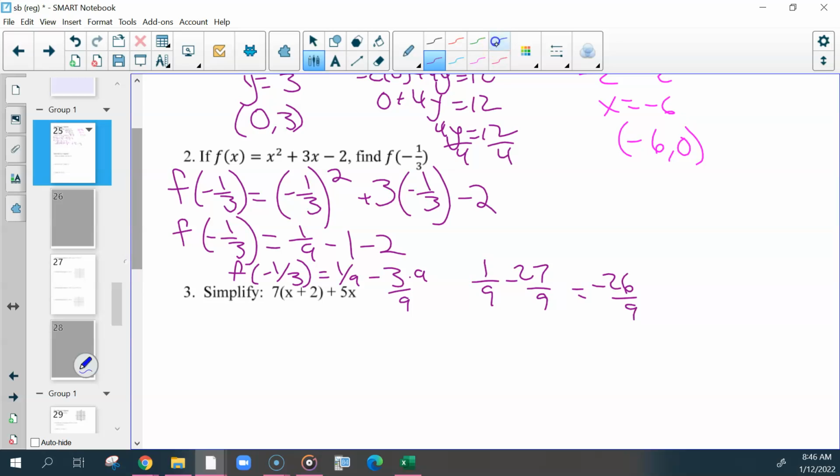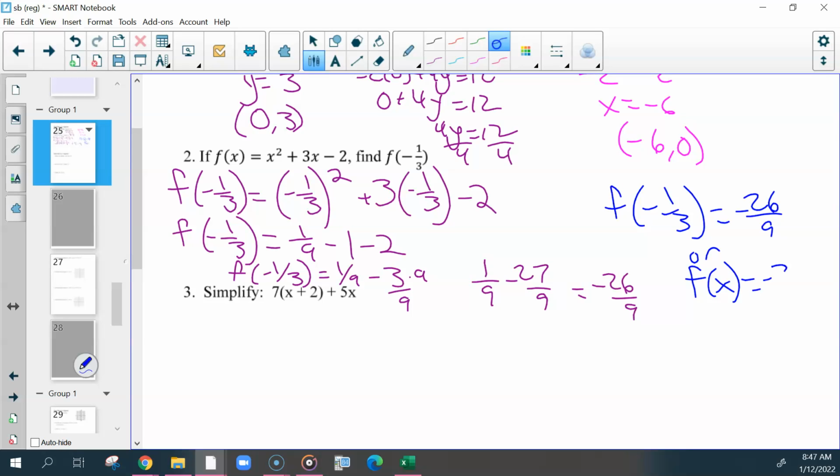So our final answer would be f of negative 1/3 equals negative 26 over 9. Have any questions on number 2?